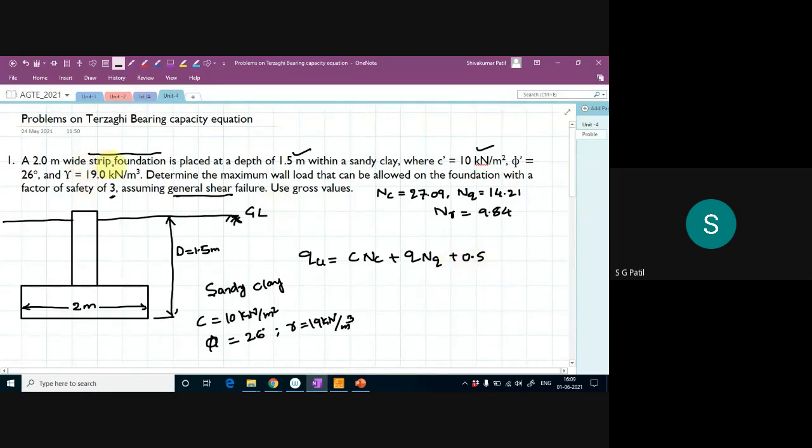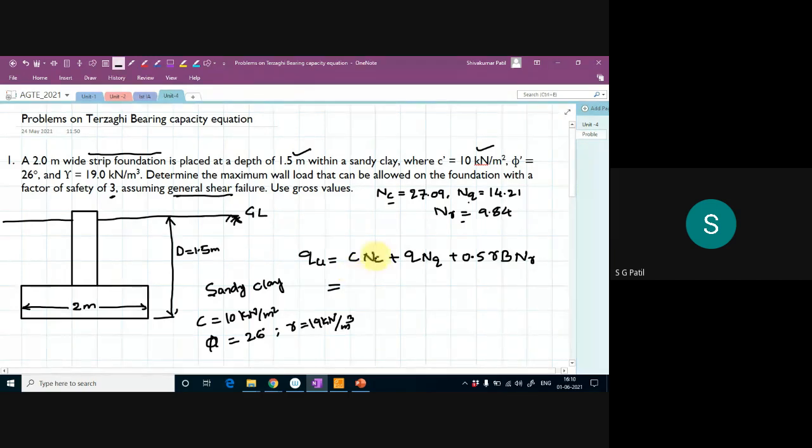Because they are telling strip footing. If it is a square, then it is 0.4. If it is a circle, then it is 0.3. Since it is a strip footing, it's 0.5. Nc, Nq, N gamma they have given in the problem itself, so simply substitute and you will get the answer.